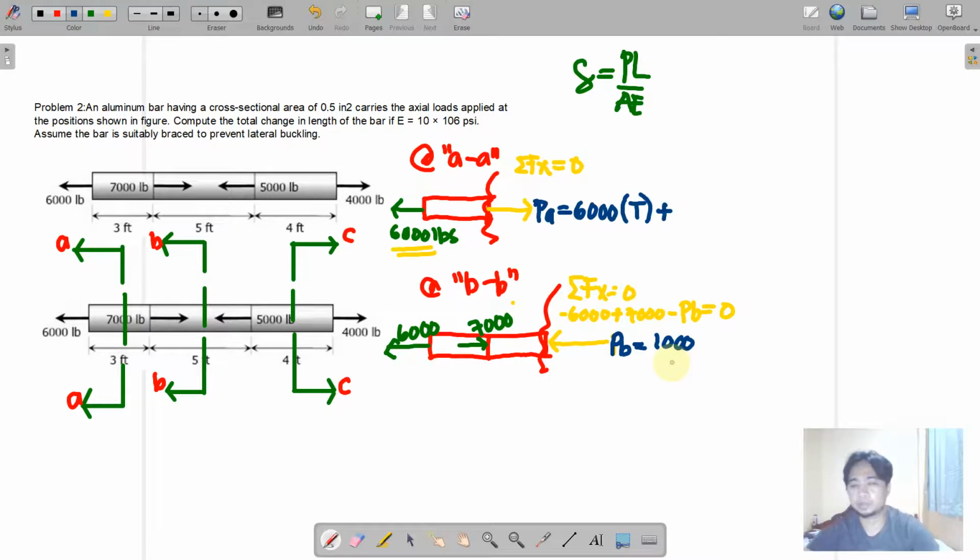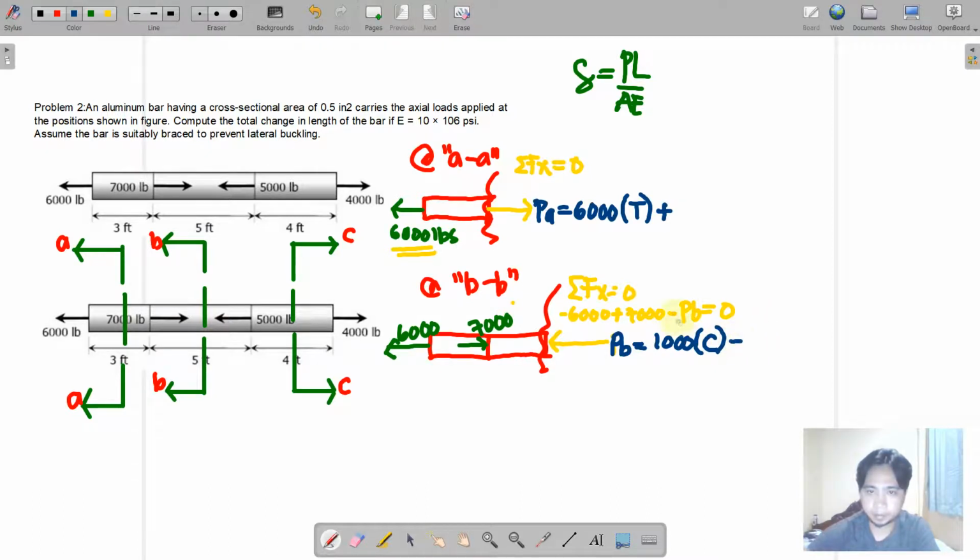Positive result just simply means that we have a correct assumption on that, a correct assumption of having an arrowhead towards the joint. So if the arrowhead is towards the joint, that is in compression. When we compress the body, it is shortening the length, so we're going to indicate that by a negative sign. Okay.